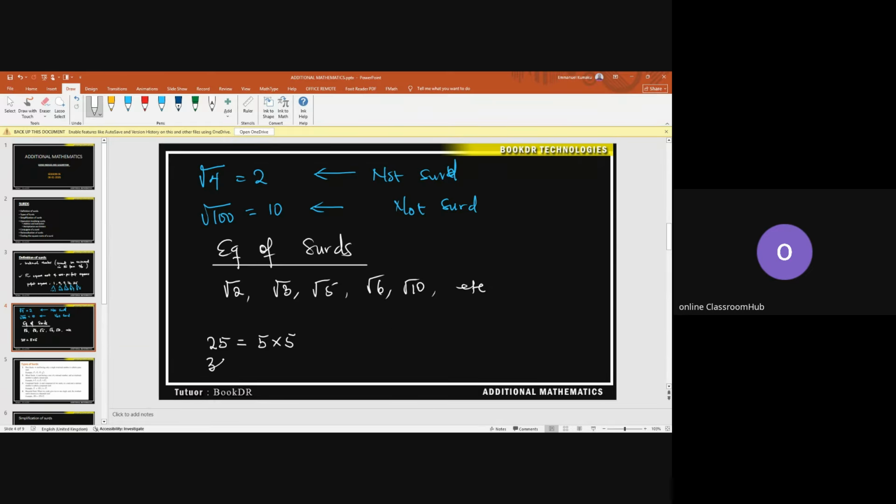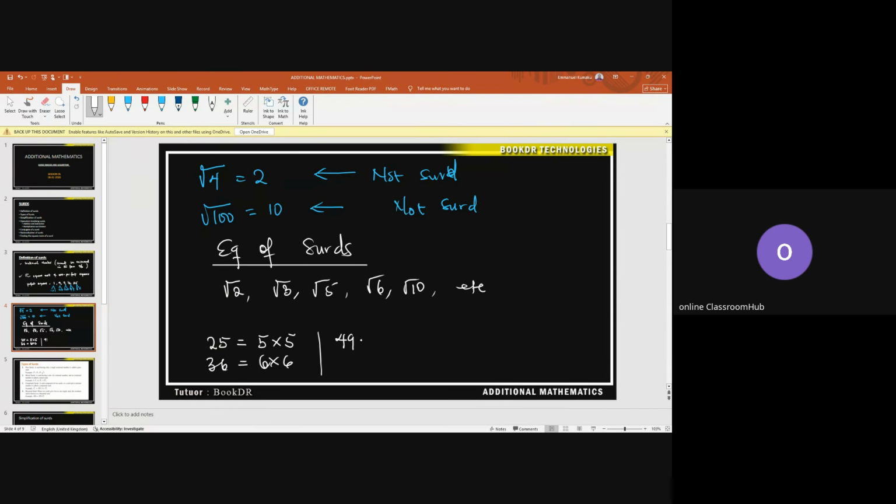36 can be expressed as what? A number multiplying itself. 6 multiplied by 6. Let me mute everyone and put the microphone off so that I can explain this concept. So 36 is another example because it can be expressed as a number multiplying itself.